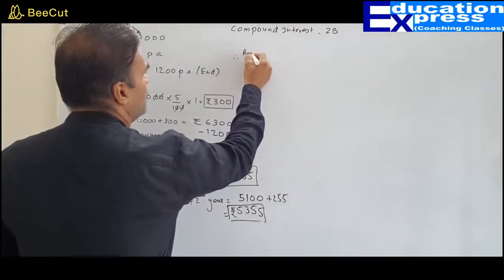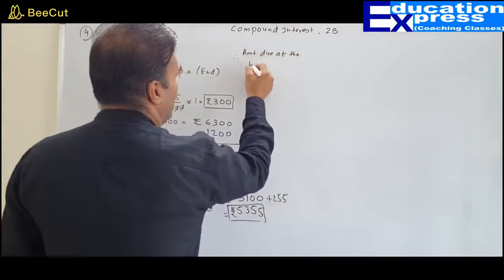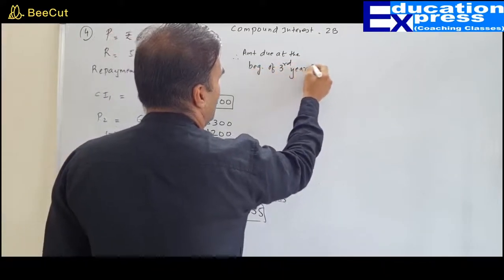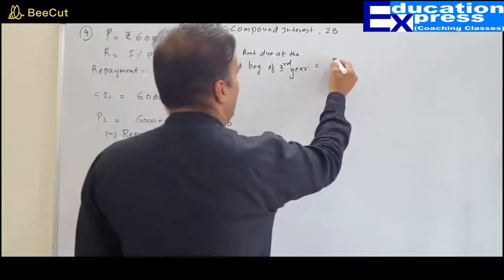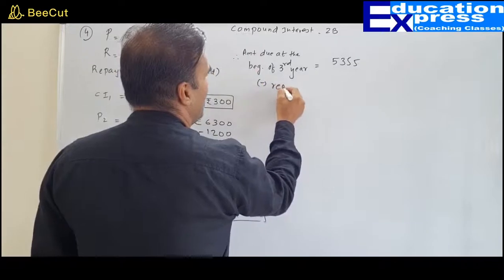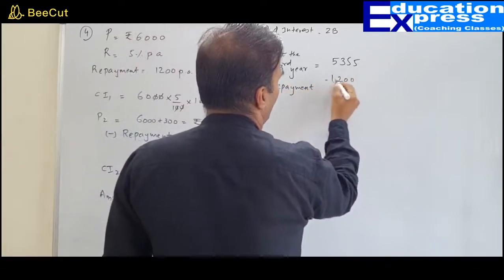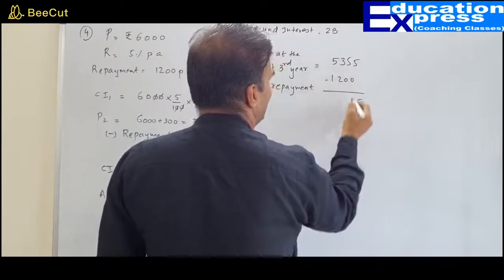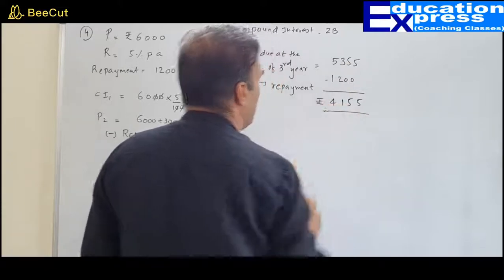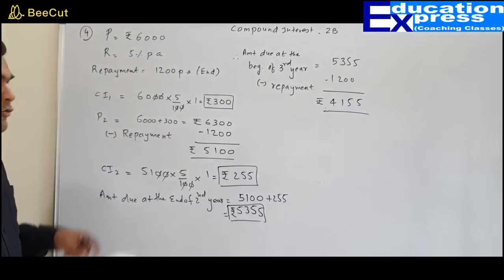Therefore, amount due at the beginning of third year would be 5355 minus repayment, 1200 rupees. It will be rupees 4155.